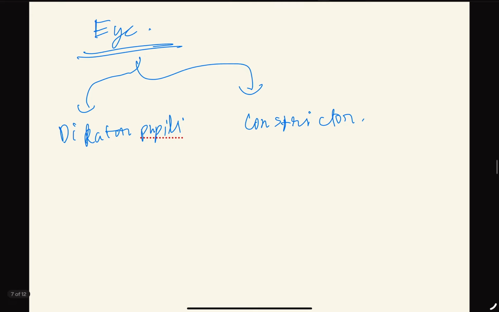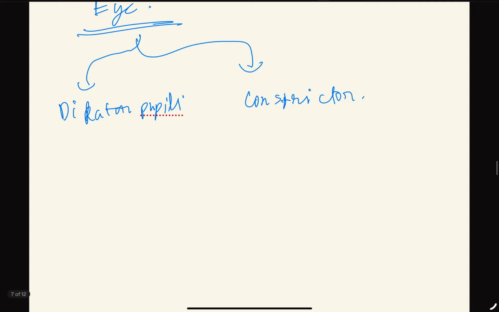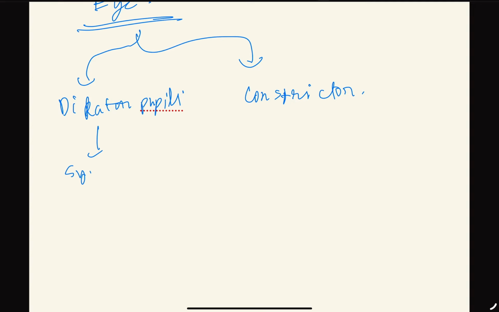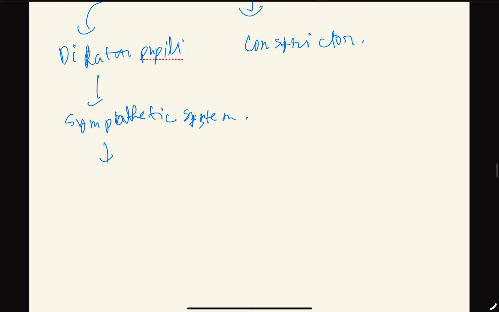The dilator pupillae is supplied by the sympathetic nervous system, and it has this alpha 1 receptor.